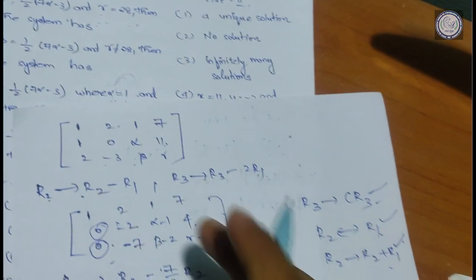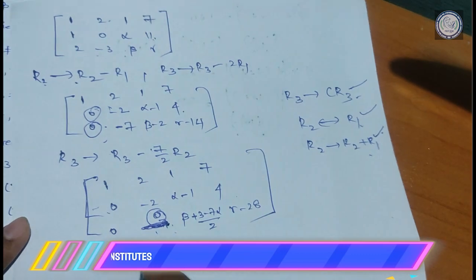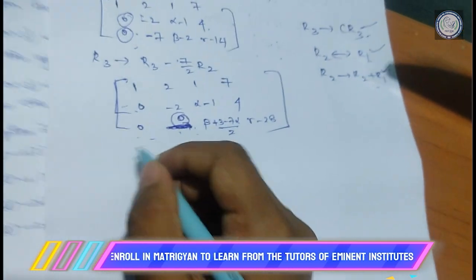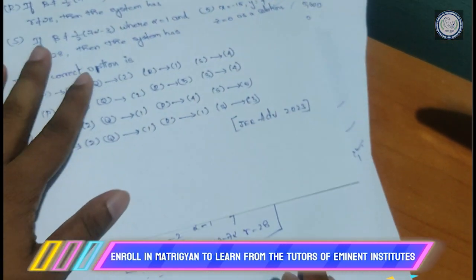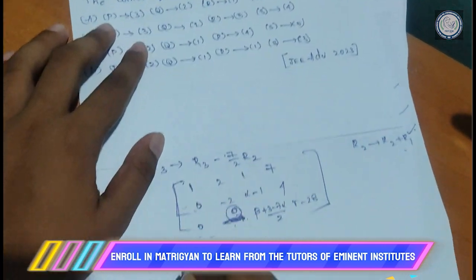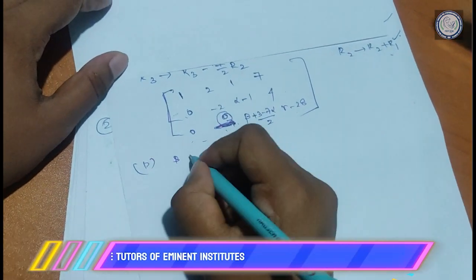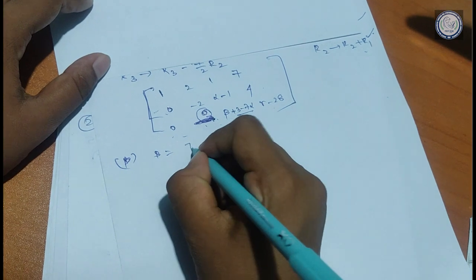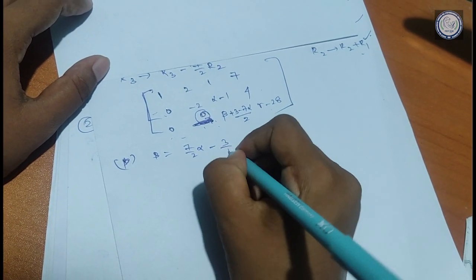According to the question, let us go. First, the P part, we will solve. Beta equals 7 by 2 alpha minus 3 by 2, and gamma equals 28.